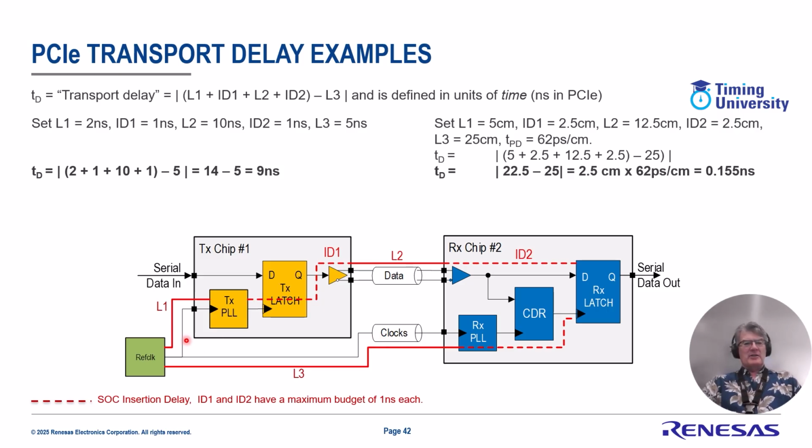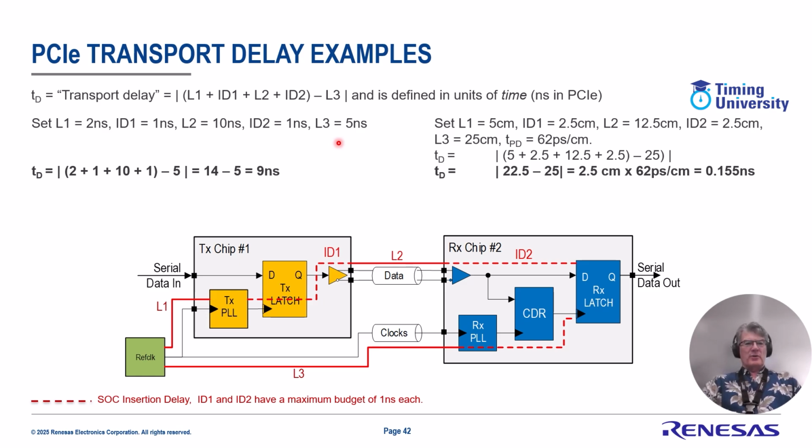So for this case, let's set the values. L1 is 2 nanoseconds. The insertion delay for SOC1 is 1 nanosecond. We have 10 nanoseconds of trace delay on the PCB in the data channel. We have another insertion delay of 1 nanosecond at the receiver chip. And then L3, which is from the ref clock to the RX latch in the receiver chip, is 5 nanoseconds.